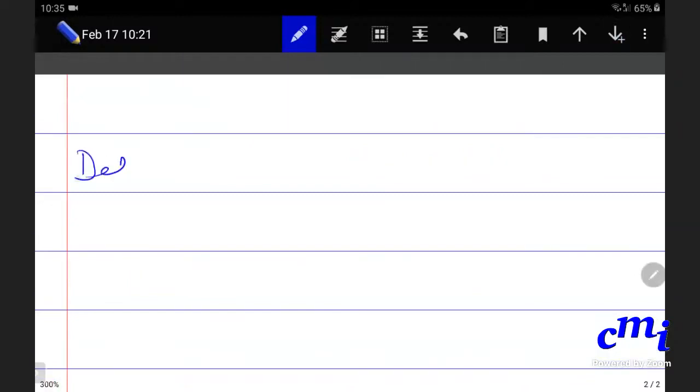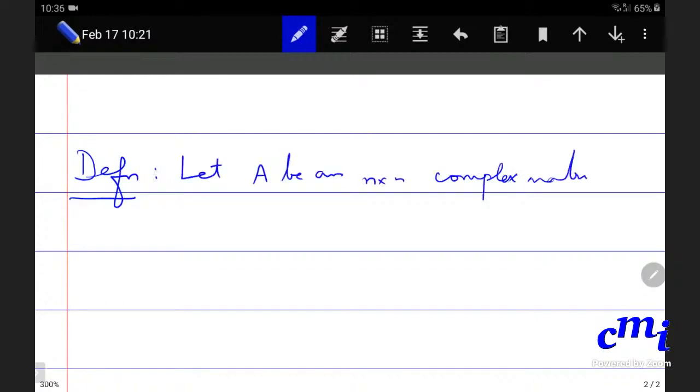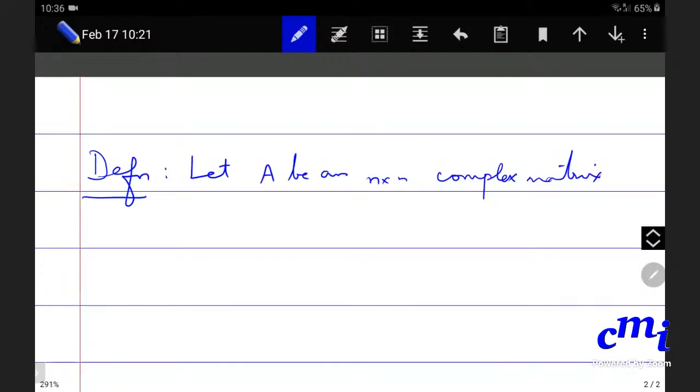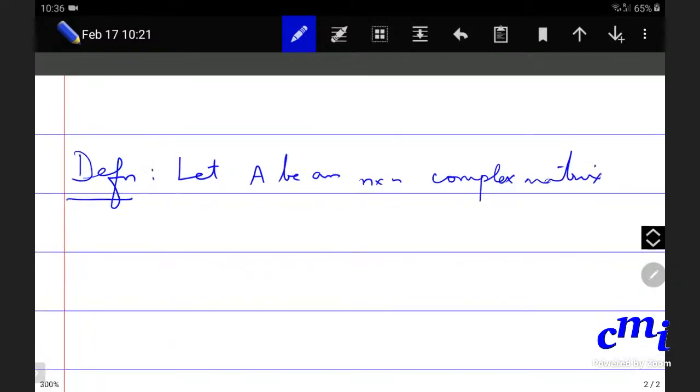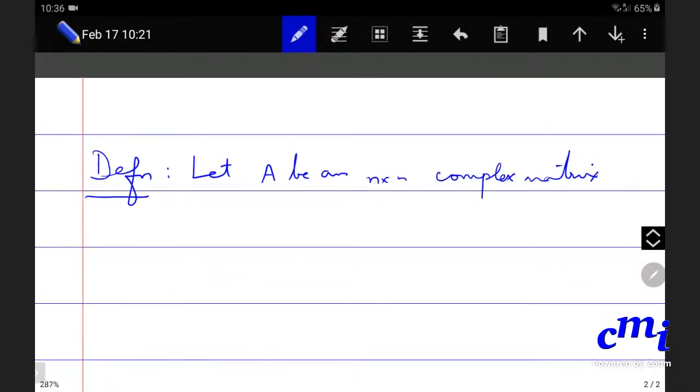Definition: complex matrix. Of course, I am not saying that it is not a real matrix.